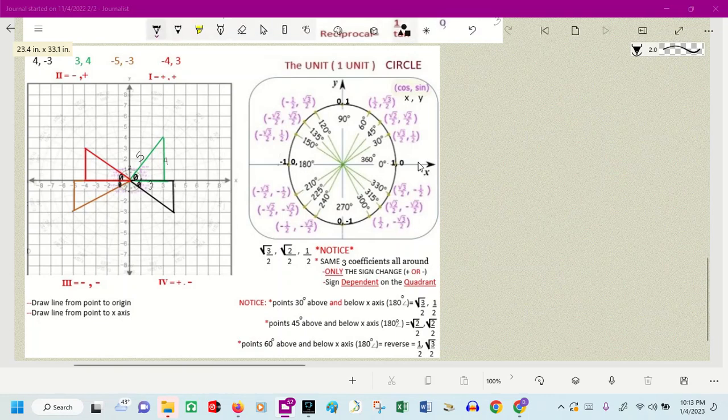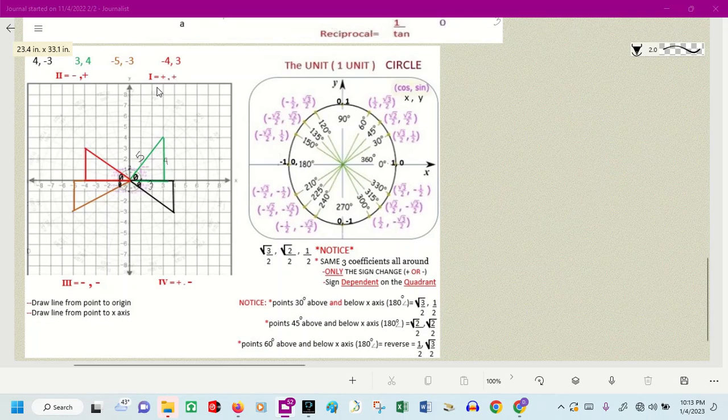And the only thing we notice that changes is their signs. And what we know about their signs is they change because of one thing: where the point is in the quadrant chart. We already know about the signs in our quadrant charts. If the number is in quadrant 1, the x is positive and the y is positive.